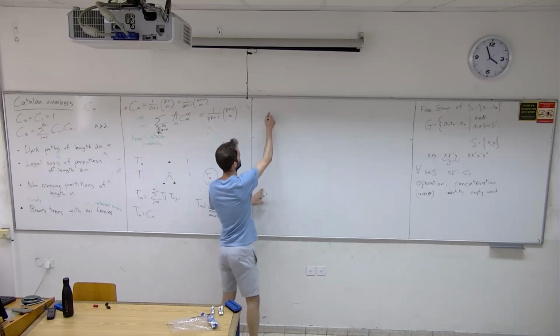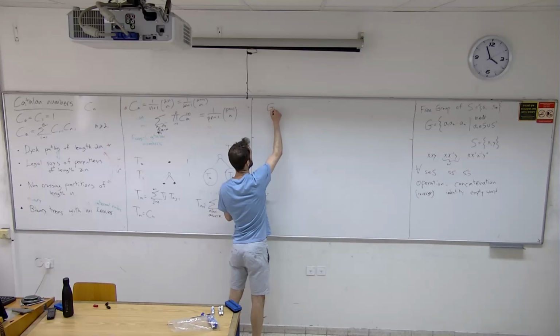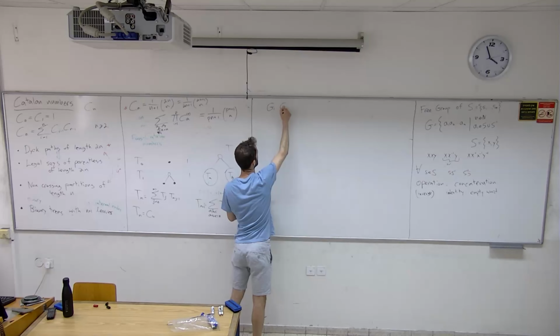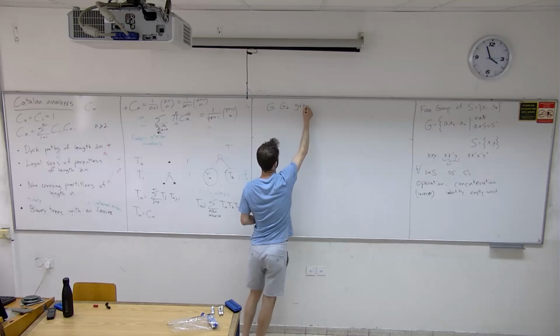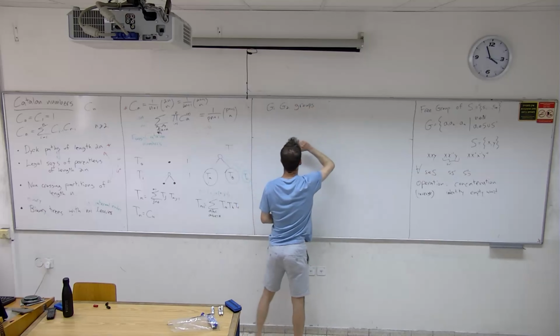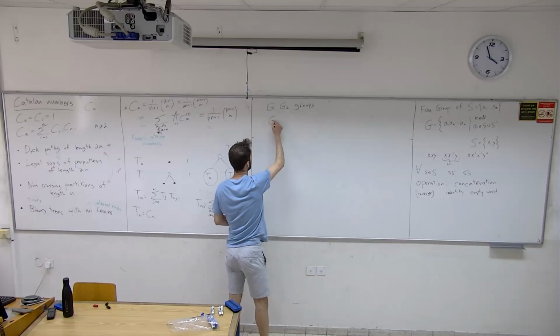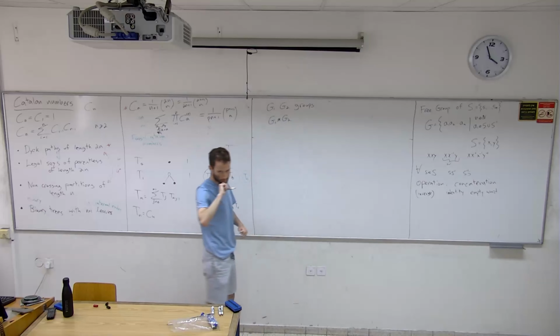Given two groups, let's say G1 and G2, I can define something called the free product of G1 and G2.